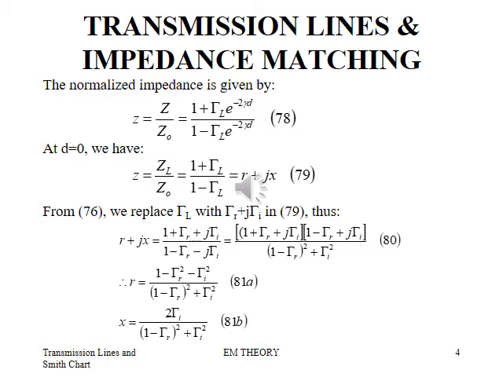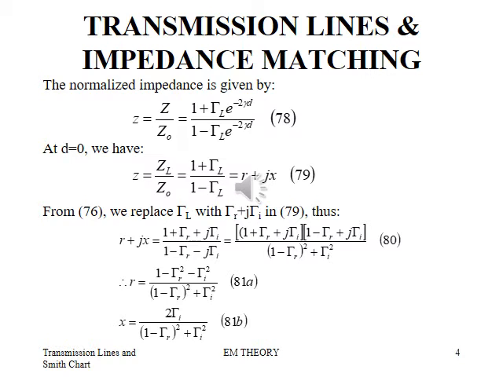The real part, which is small r, is (1 - Γ_r² - Γ_I²) over ((1 - Γ_r)² + Γ_I²). So that is the real part of the normalized impedance.